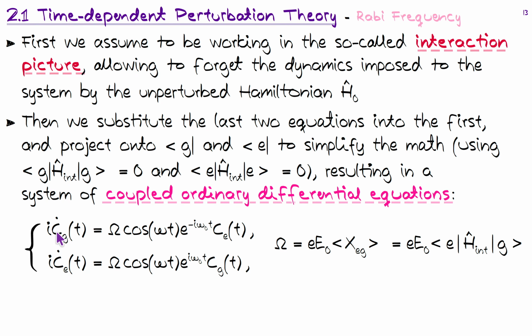They are coupled together. Here we have a time derivative of Cg, and here we have a Ce. So we see that these differential equations are coupled. And then here we have a so-called Rabi frequency, which is essentially this quantity here. So we must calculate this interaction Hamiltonian.